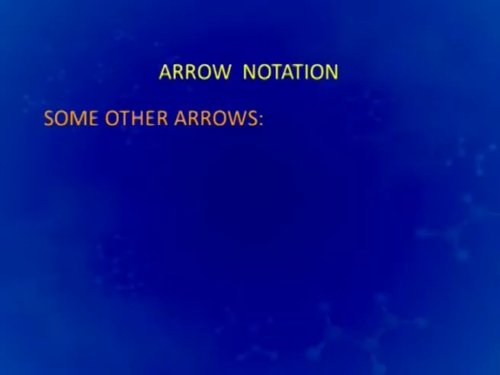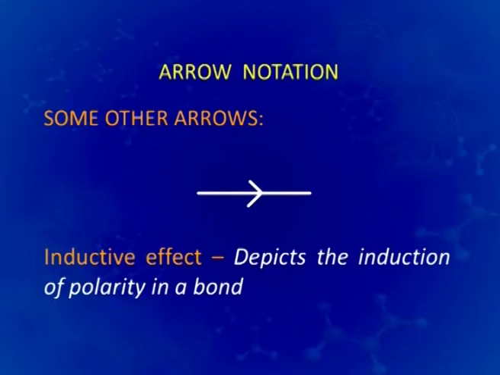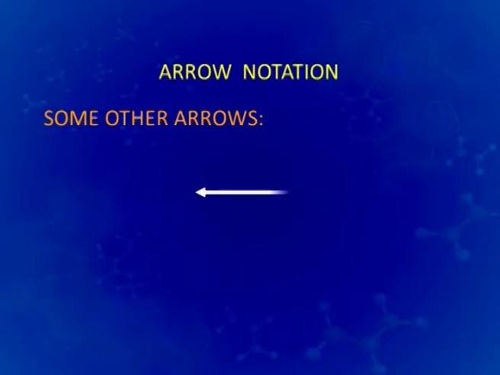There are a few other arrows used while depicting the reaction mechanism of organic reactions. We have an arrowhead made in between in a line, which depicts inductive effect. The inductive effect basically depicts the induction of polarity in a bond. And we have the double headed arrow, which has heads on both sides and depicts resonating structures.